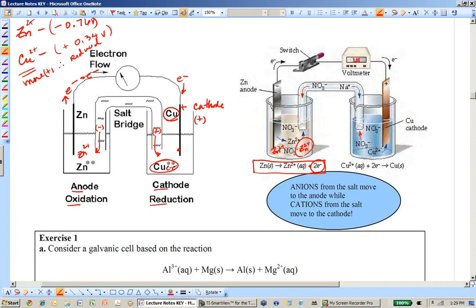I've got some copper going on this side. When these electrons are coming in, two electrons, as it shows us right here, are going to react with the copper 2 ion and make copper atoms. So that's why we say the cathode gains mass, because we're making atoms from ions.